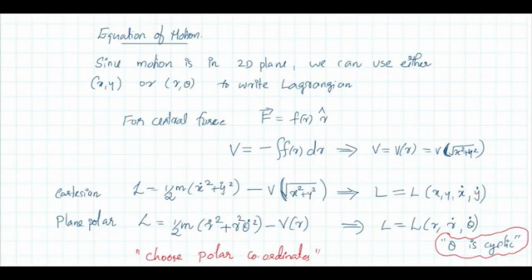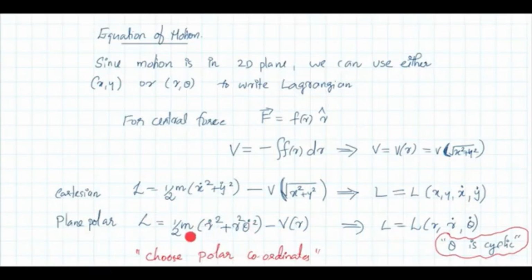If you write the Lagrangian in plane polar coordinates, that becomes L equals half m times r dot square plus r square theta dot square, minus V of r. The first term represents the kinetic energy; the velocity contains radial velocity and angular velocity, and the total v is the square root of r dot square plus r square theta dot square.